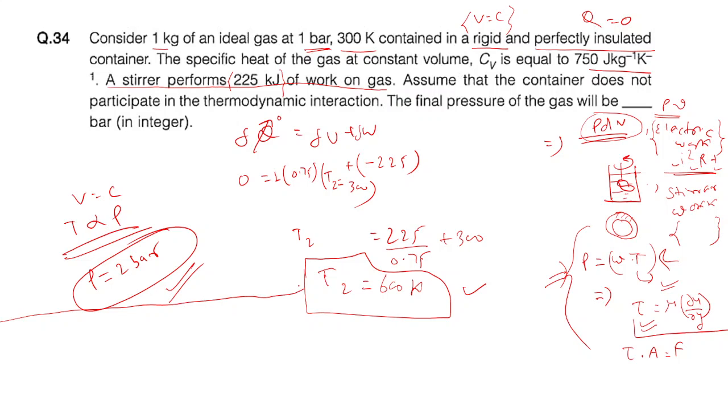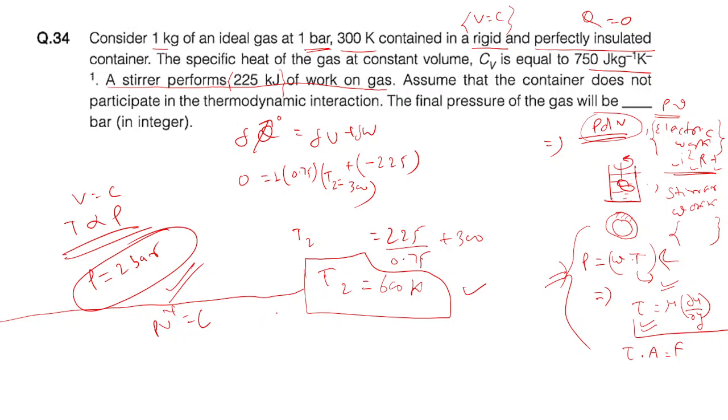Sir, the vessel is insulated, so there is one equation with P and T terms in the form of gamma equal to constant. PV to the power gamma is equal to constant, right? Then why can't we use that equation? Because we know P1 and T1, and also we know T2, so we can calculate P2 from there.